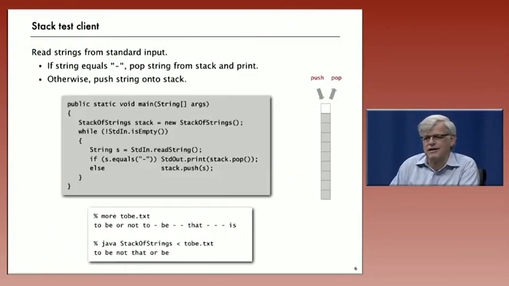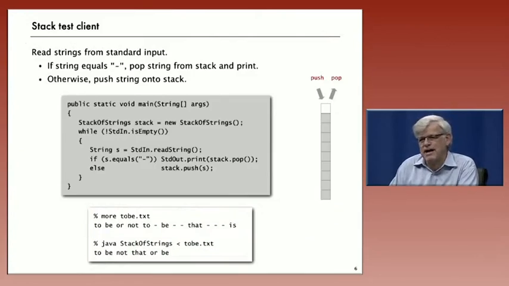Our simple client is to take some strings on standard input and some pop commands which are indicated with hyphens. And so this client reads strings from standard input. If the string is equal to the hyphen character, it'll pop the string at the top of the stack and print it.